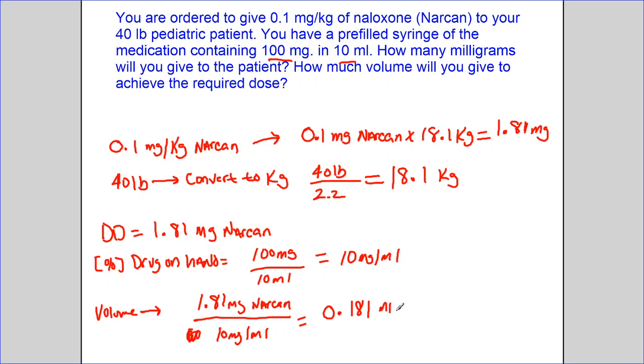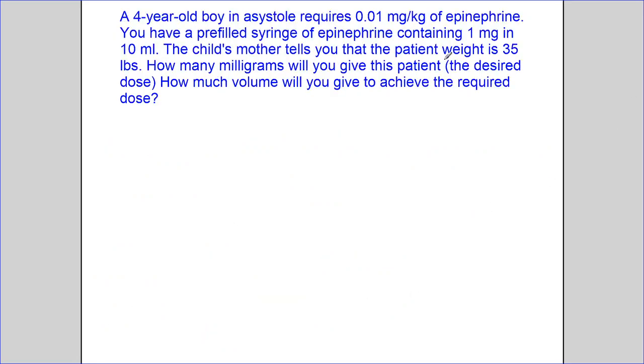All right. Let's look at this one. We've got a 4-year-old boy who's in asystole, requires 0.01 milligrams per kilogram of epinephrine. You have a prefilled syringe of epi containing 1 milligram in 10 mLs. Mom tells you the weight is 35 pounds.